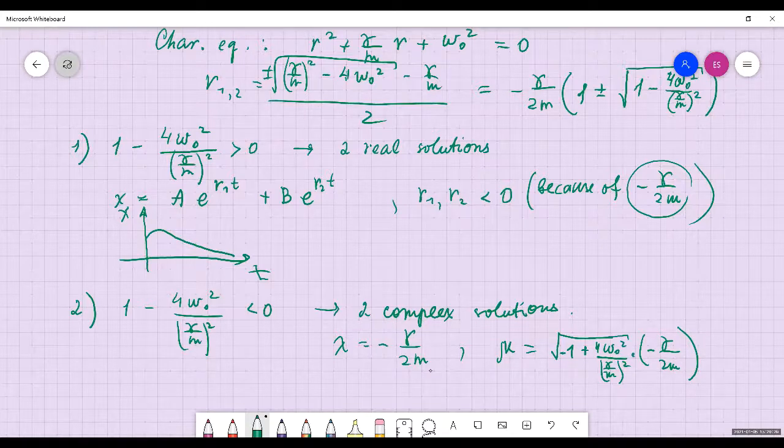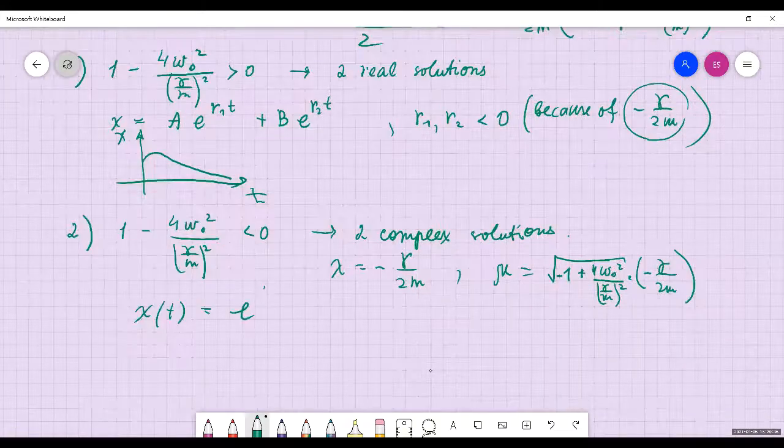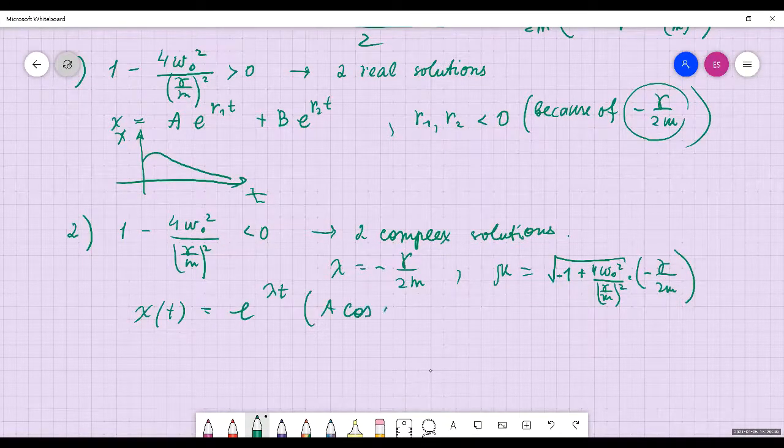So our solutions are going to look like x of t is e to the power of lambda t times a cosine of mu t plus b sine of mu t. What is interesting is how the solution is going to look in the picture, or what kind of solution we are going to have.